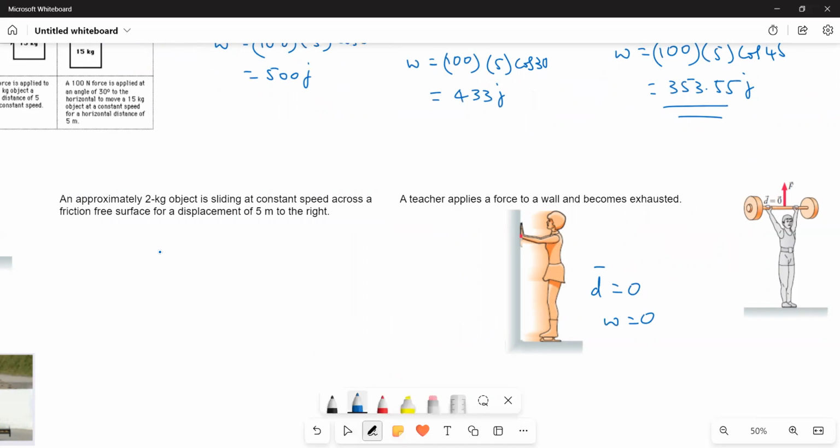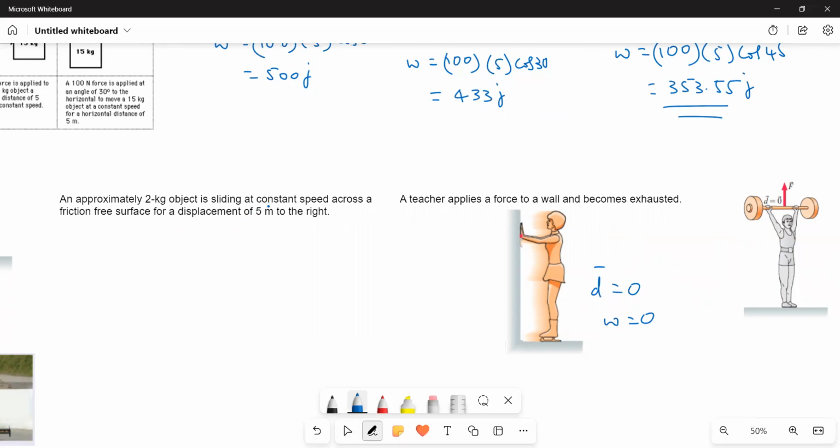Here, this is a tricky question because instead of saying no force is acting on the object, he is saying that the object is sliding at a constant speed across a friction-free surface. That means no frictional forces are acting. If frictional forces were acting, then work would be done by the frictional forces on the object, but that is not there.